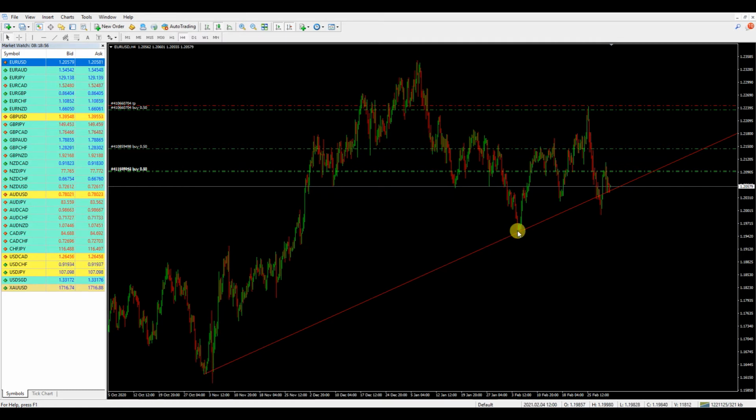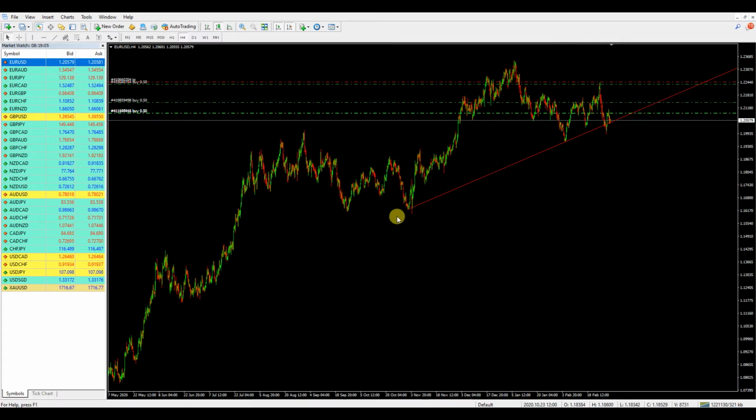Then this is the second touch point over here, and this is the third touch point, and this also we can consider as one of the fake breakouts, or we can take these breakouts if we look at a longer time frame over here. So we know what had happened in the market and what can be done.